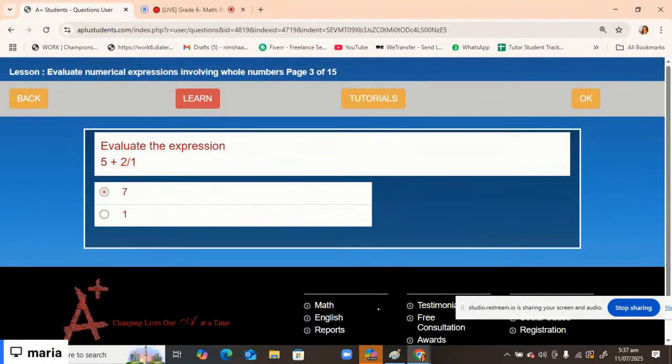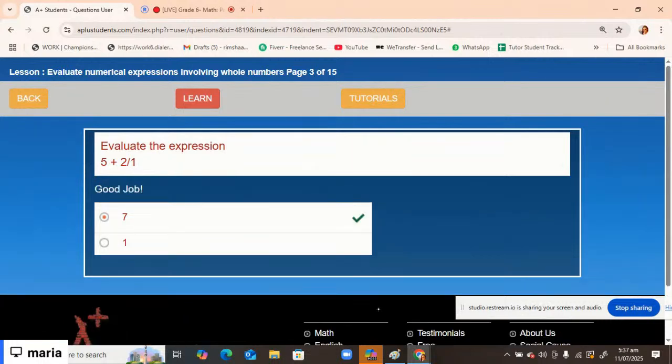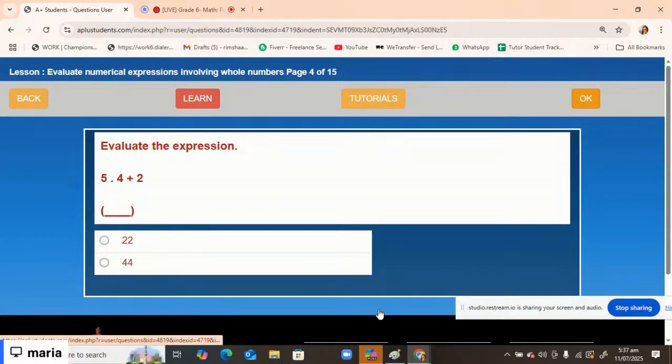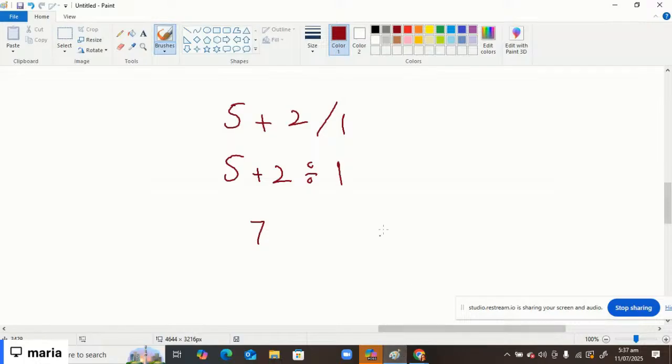So let's go with this. 5 minus 4 plus 2. Sorry, it's multiply, 5 times 4 plus 2. Let's do it here.